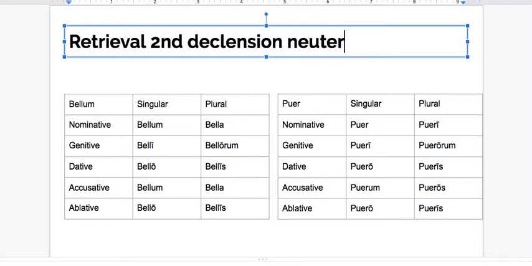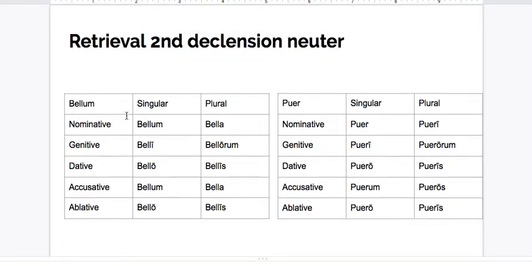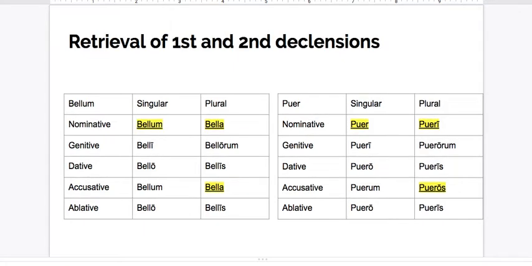Remember the difference between the neuter, bellum, and the masculine puer. Take a second, pause the video, and identify the differences again. Yep, it was in the nominative singular and plural, and in the accusative plural. And we saw the a's here in place of the os, and bellum in place of puer.